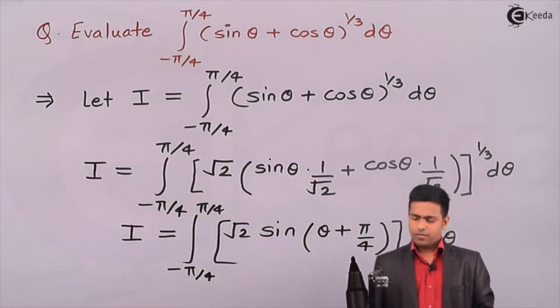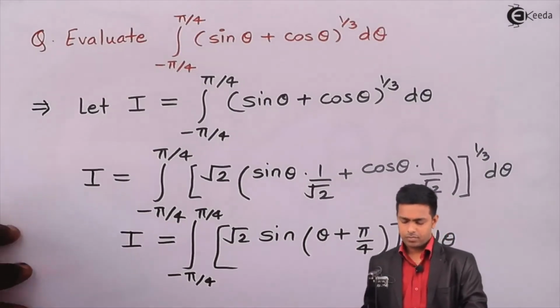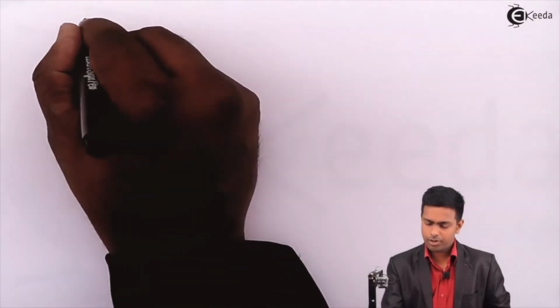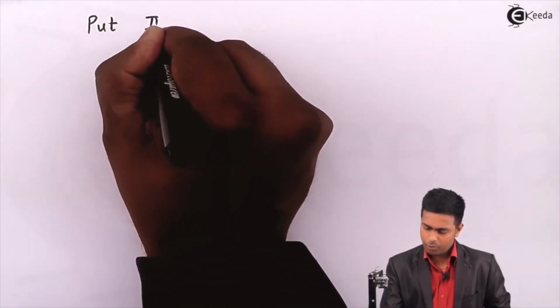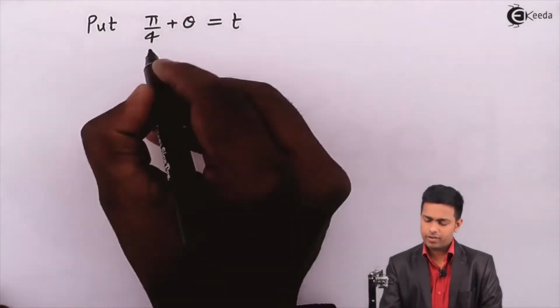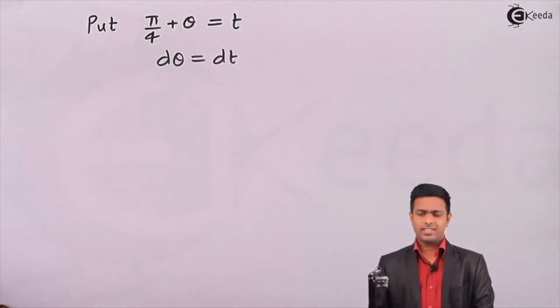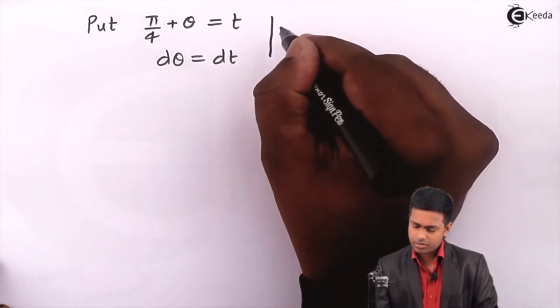For that, I'll put pi by 4 plus theta equal to t. By doing this, we will get d theta equals dt. Now let's see the changes in limits.